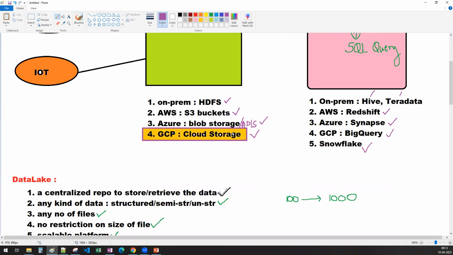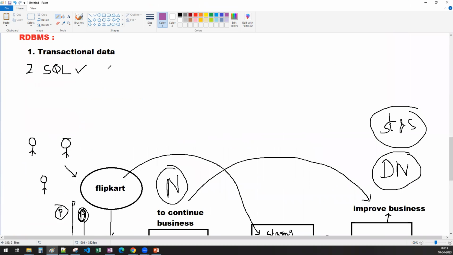And what about the RDBMS, sir? The solution for the RDBMS in GCP is Cloud SQL, and Spanner is also there. If you go to Azure, you will have SQL databases.